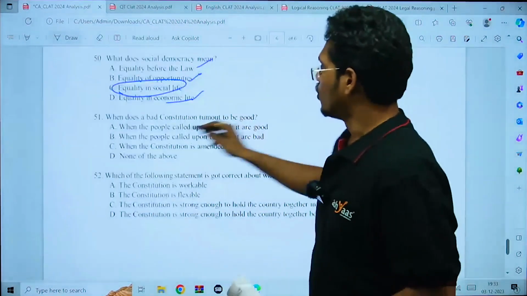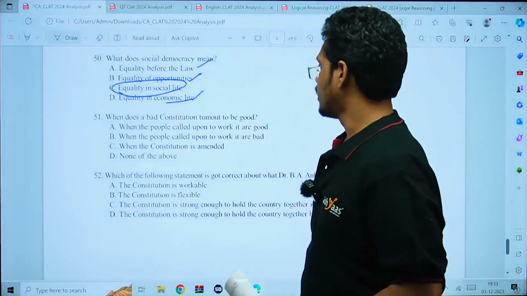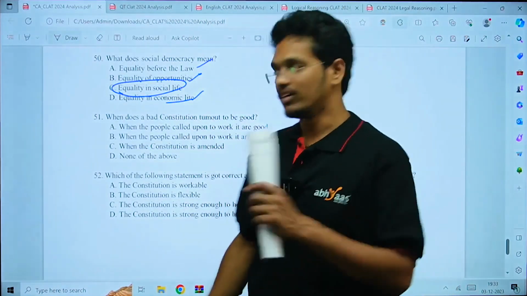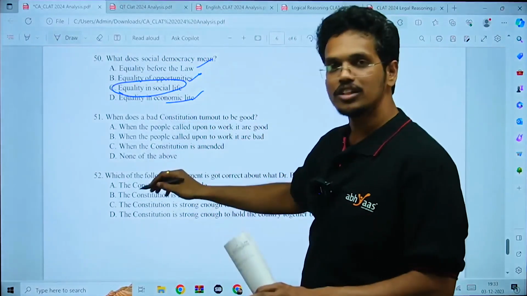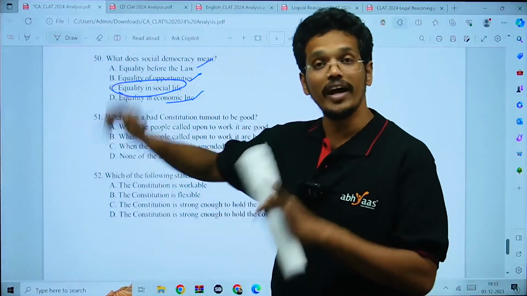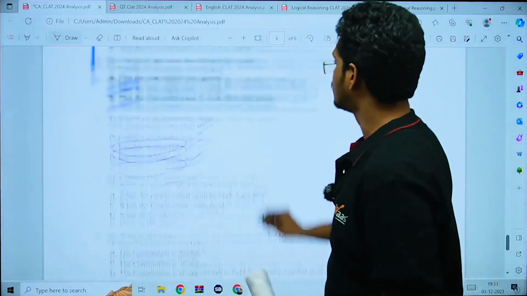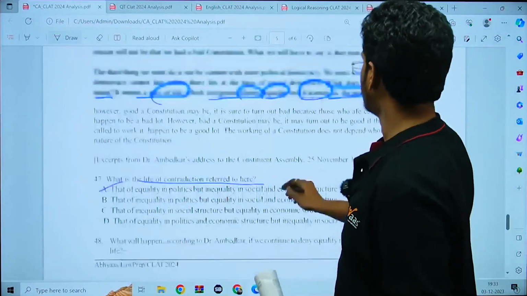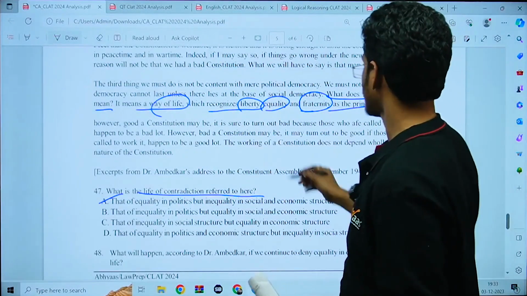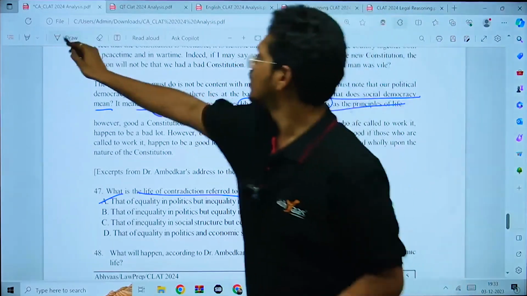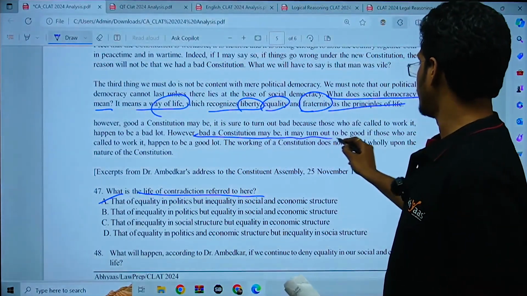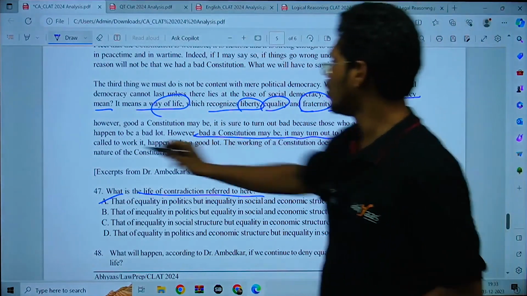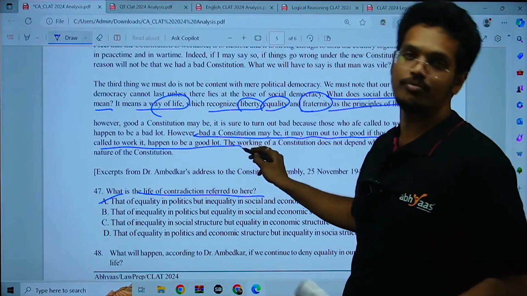Next, when does a bad constitution turn out to be a good one? It was a direct statement taken from the passage. A bad constitution may turn out to be good if those who are called to work it happen to be a good lot.